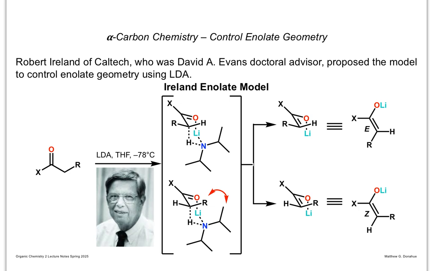And Ireland figured out how, when you take one of these substrates with these alpha hydrogens, those hydrogens, even though they're bonded to the same carbon, are referred to as prochiral.